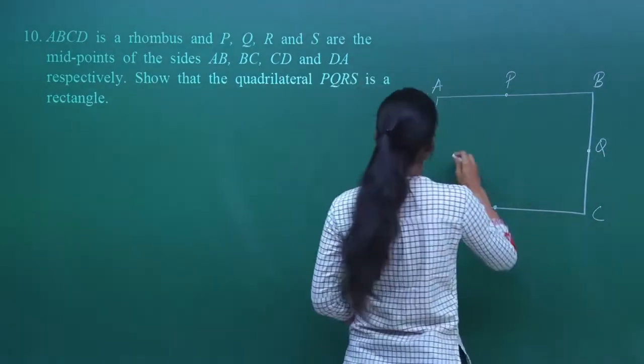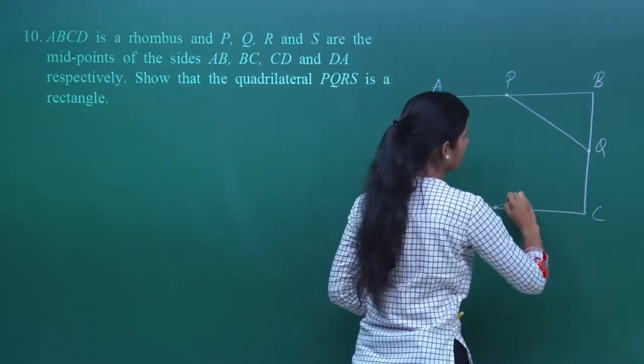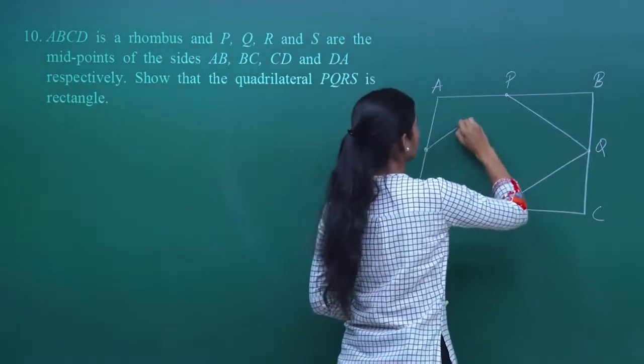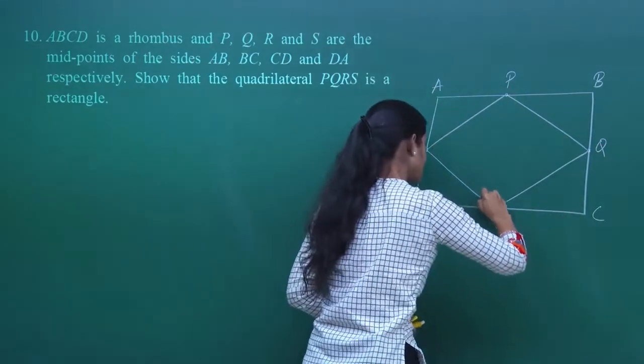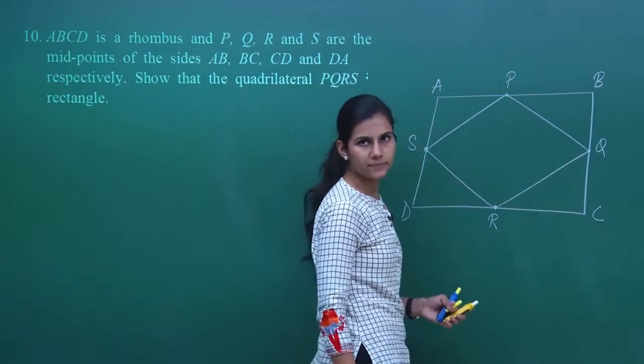Show that the quadrilateral PQRS, join P and Q, R and Q, S and P, S and R, show that this quadrilateral formed is a rectangle.